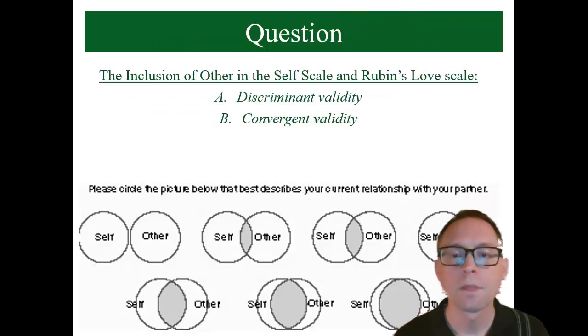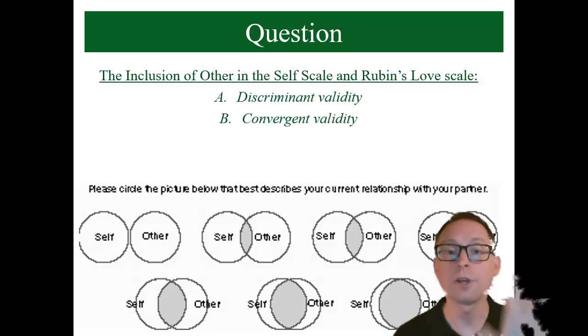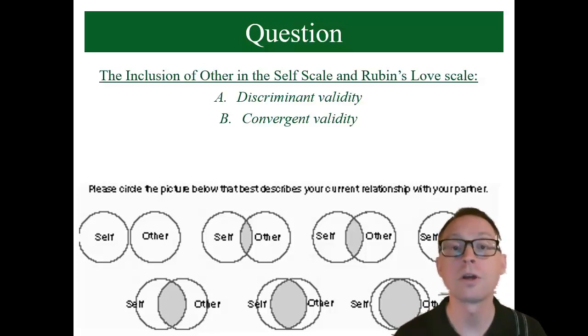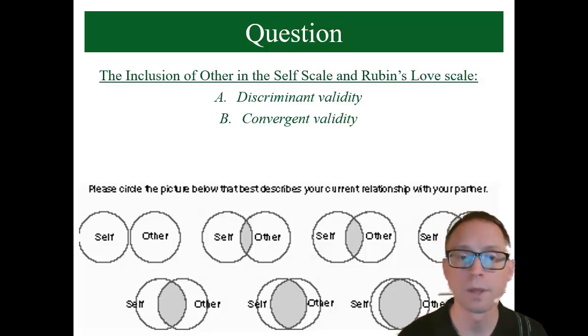Okay. In the last lecture that we did, we talked about the inclusion of the other in the self scale. There is another scale that's out there called the Rubin's love scale. So remember, the inclusion of the other in the self scale, these overlapping circles, has to do with relationship closeness. There's another scale that's been established called the Rubin's love scale.